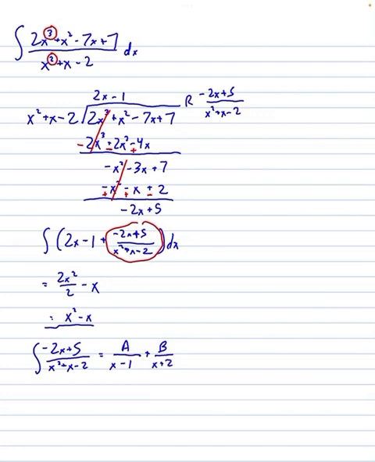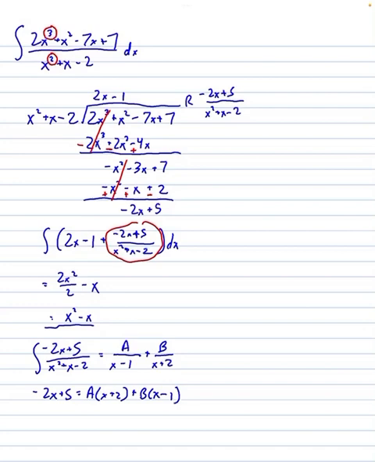Remember, we have to factor this denominator. We have negative 2x plus 5 when we multiply by that common denominator, which is essentially cross multiplication, equal to a times x plus 2 plus b times x minus 1.